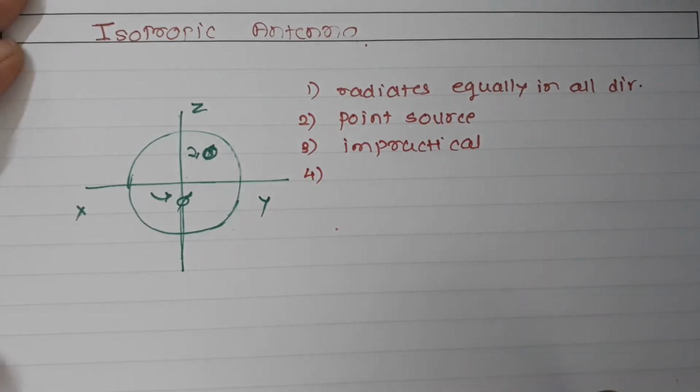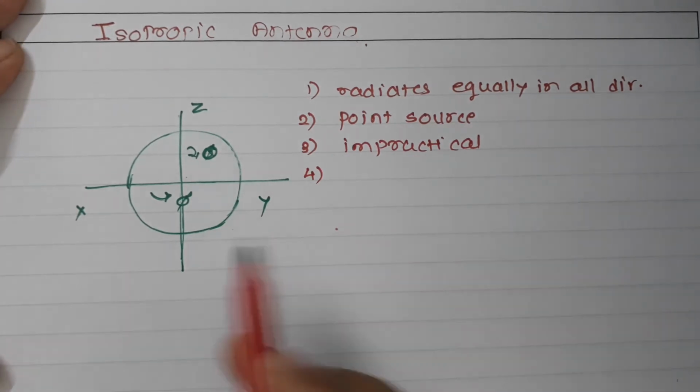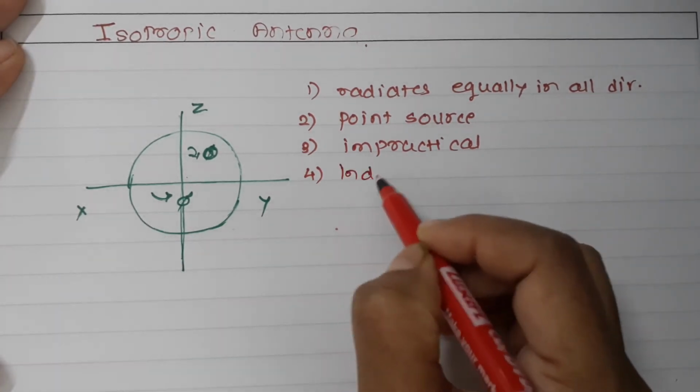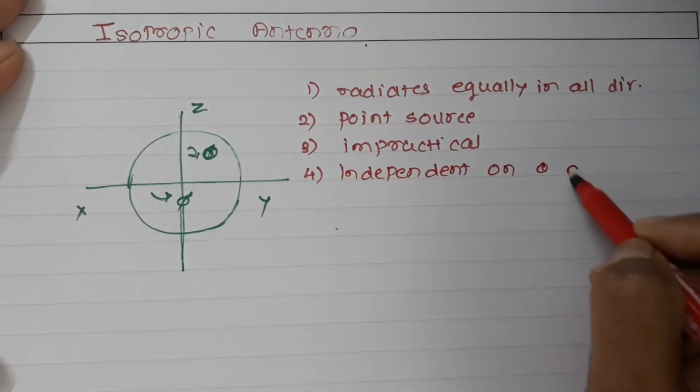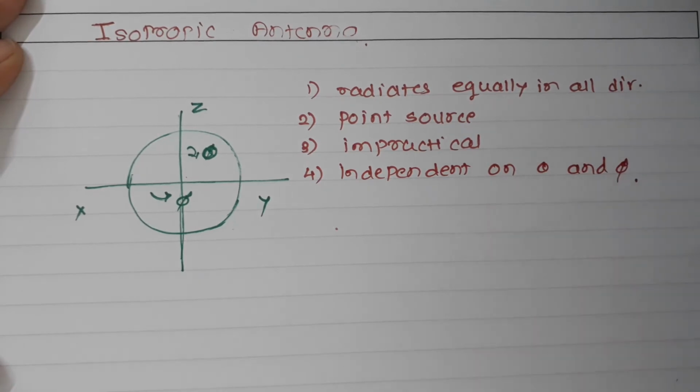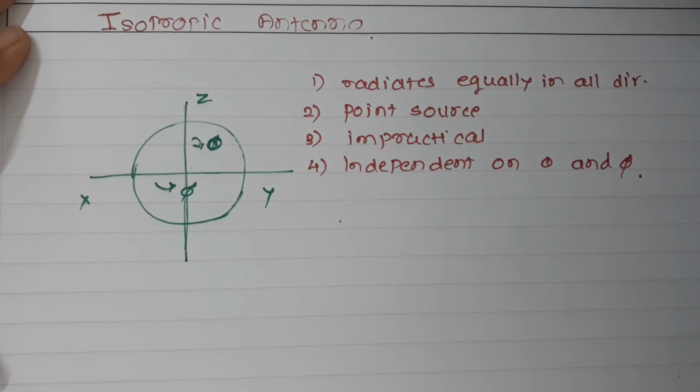Now since it radiates equally in all directions, the radiation is independent of theta and phi. So you can say the radiation pattern will be spherical over here. So we'll talk about the three-dimensional pattern, whereas you can see this is nothing but the radiation pattern of an isotropic antenna.